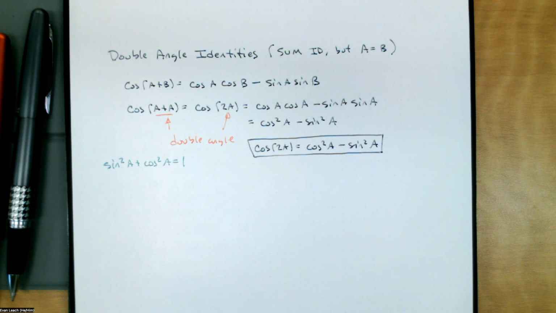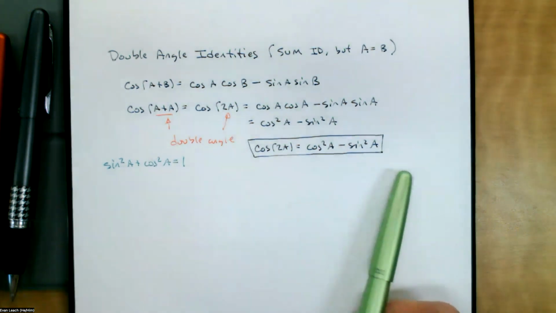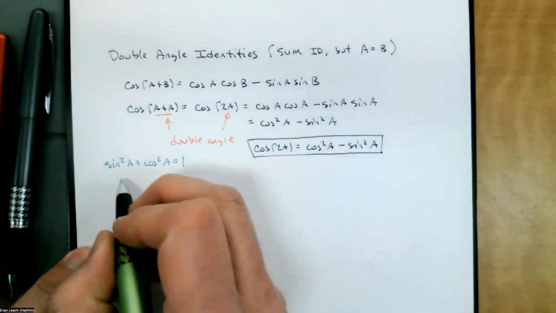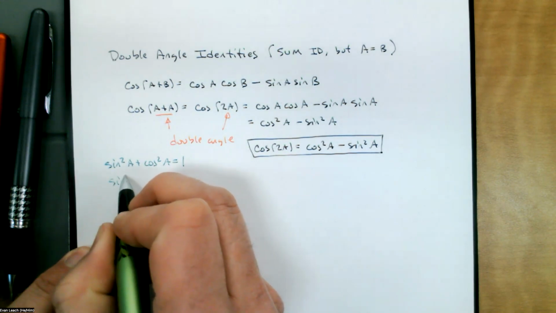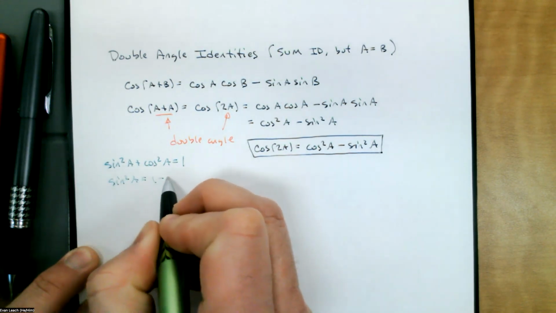What this means is that since this double angle identity for cosine involves cosine squared and sine squared, I can replace sine squared with 1 minus cosine squared.